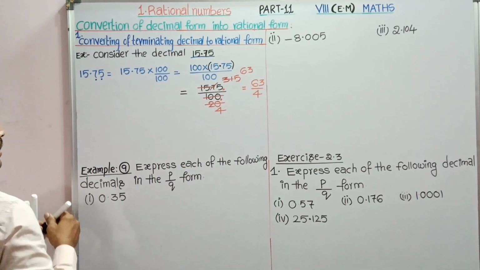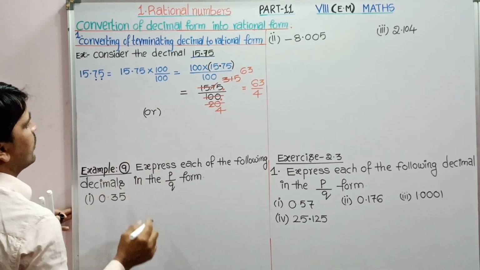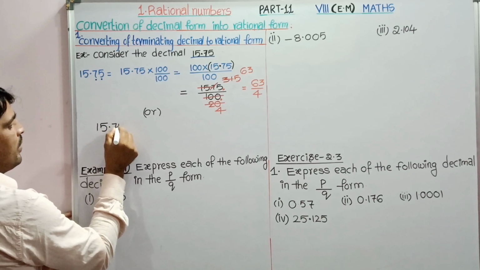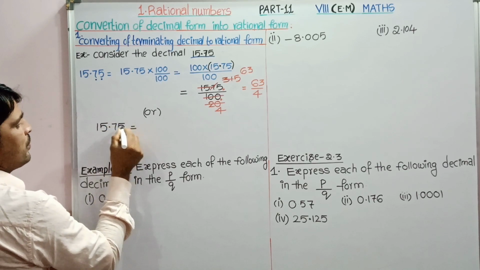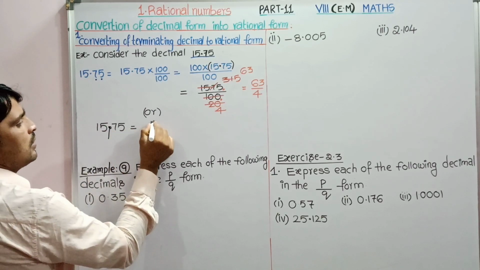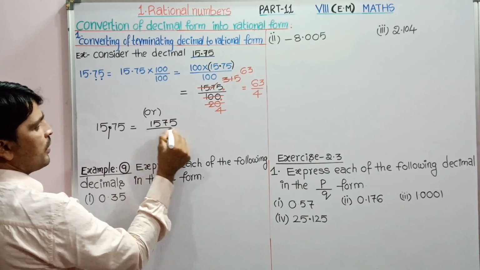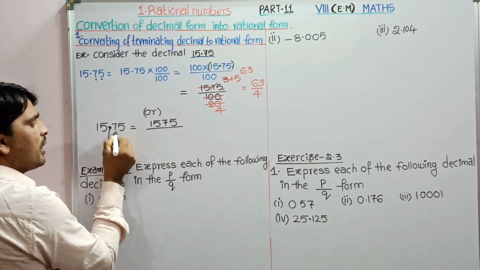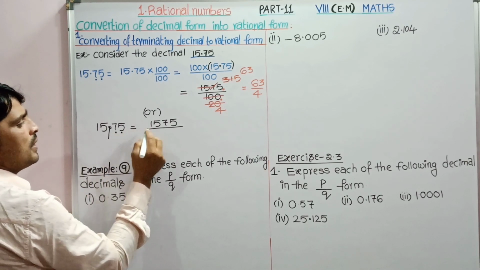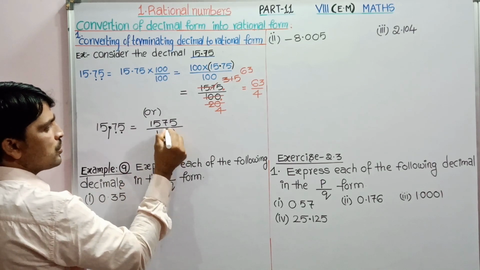Let us see the simplest method. The given decimal number is 15.75. Simply remove the decimal point and write the digits as they are. That is 1575 by, and since the decimal number has two decimal places, write in the denominator 1 annexed with 2 zeros.